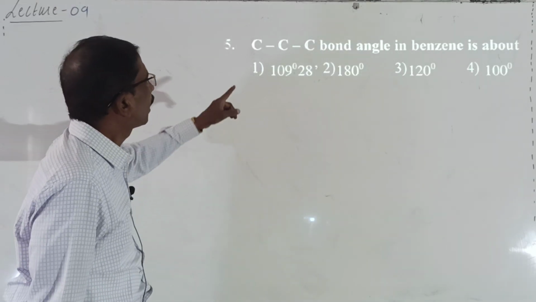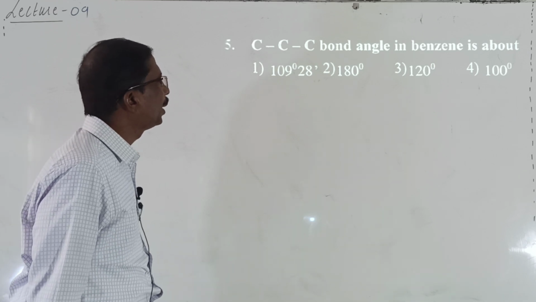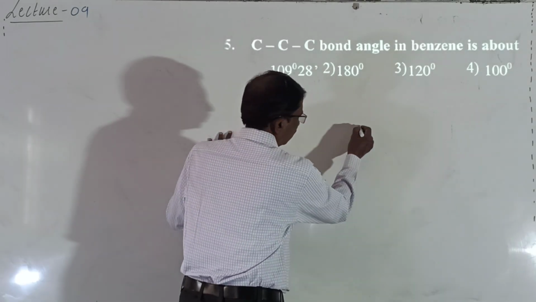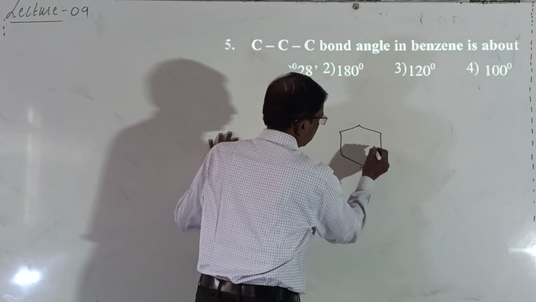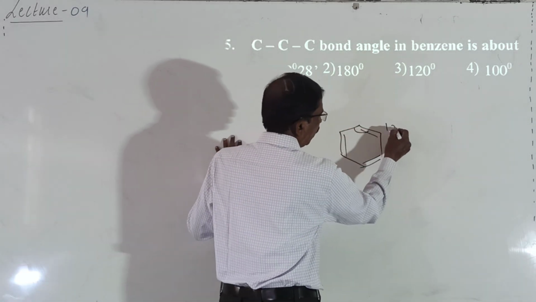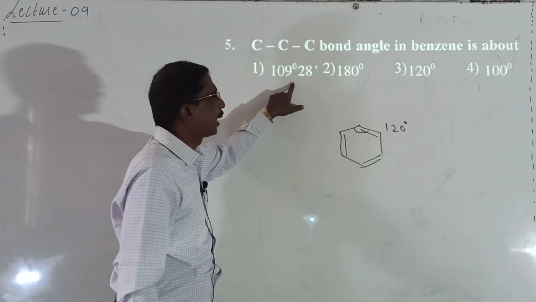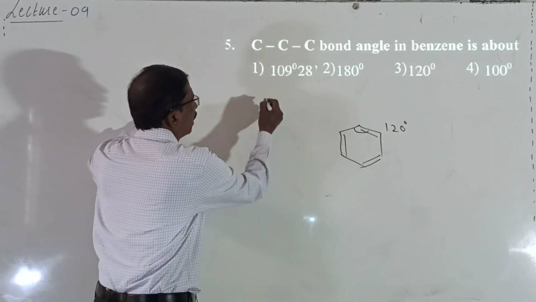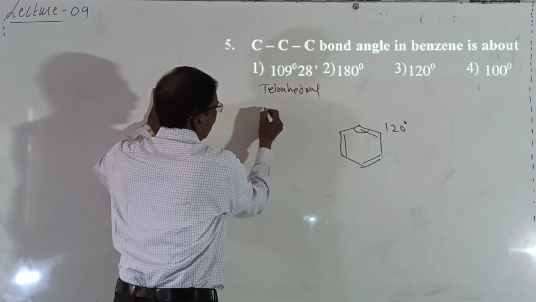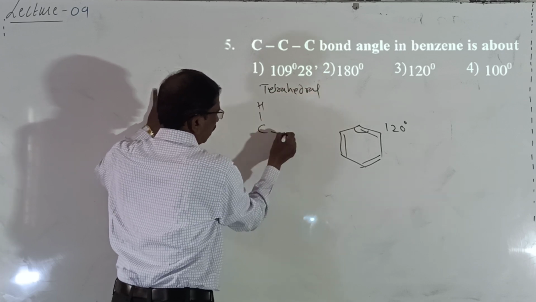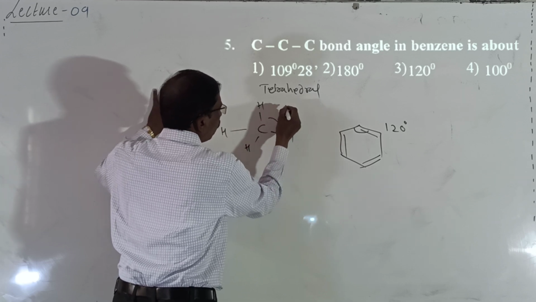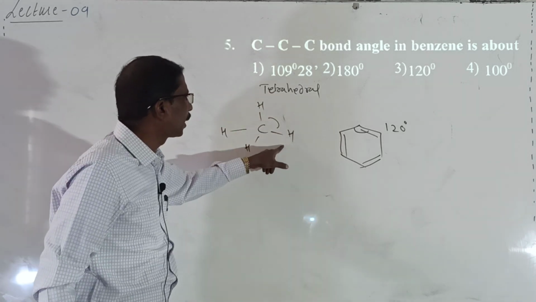Then look here, the carbon-carbon bond angle in benzene is about. In benzene, the carbon-carbon bond angle is 120 degrees, and here 109 degrees 28 minutes is tetrahedral. It is found in methane.